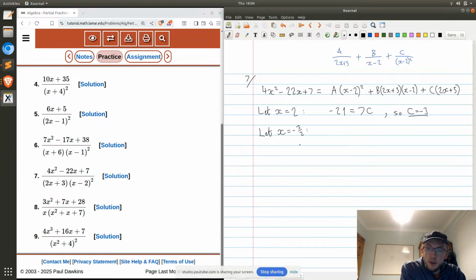But that has to be squared. Okay, so 49 over 4. I better get a whole number out of this. Okay, so wait. What's negative 3 over 2 squared? 9 over 4. Times that by 4, I get 9.